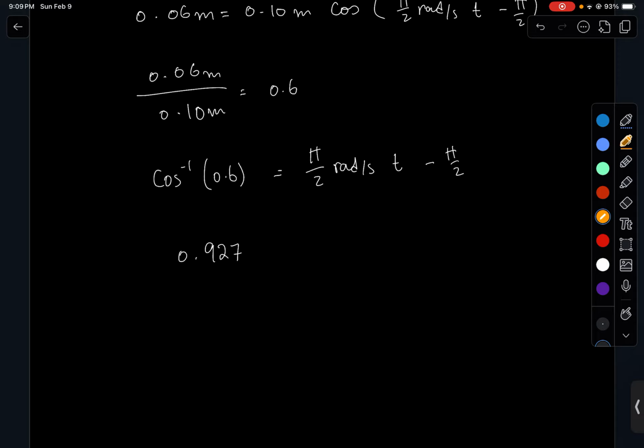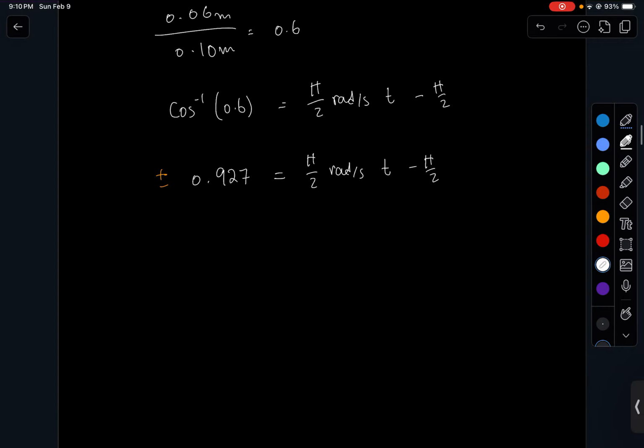Here it is going to be plus and minus, because whenever we try to find the arc cosine of a value, our calculator shows us only the positive value, but we must always keep in mind that there are always two possibilities on the reference circle.